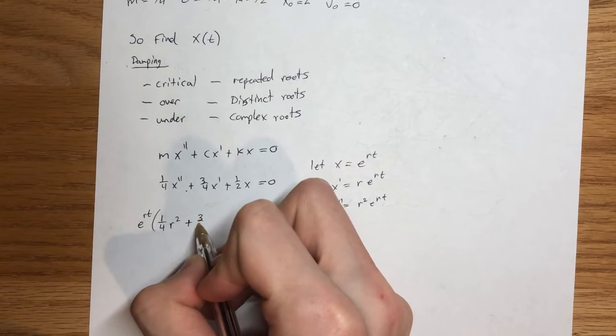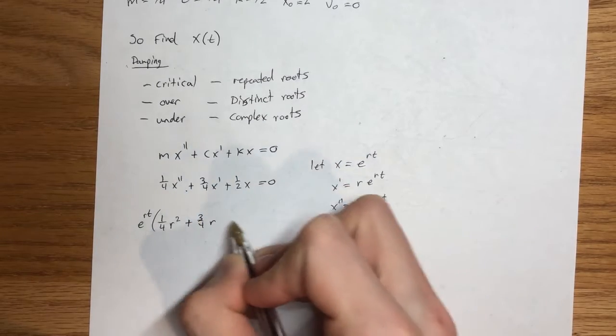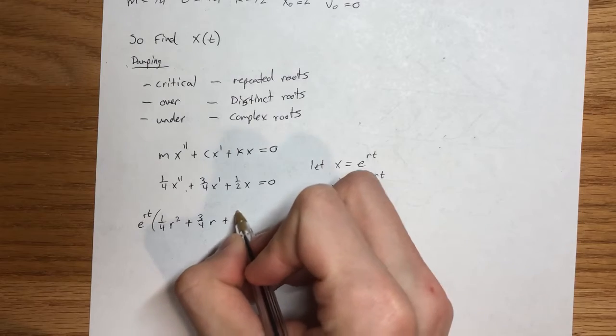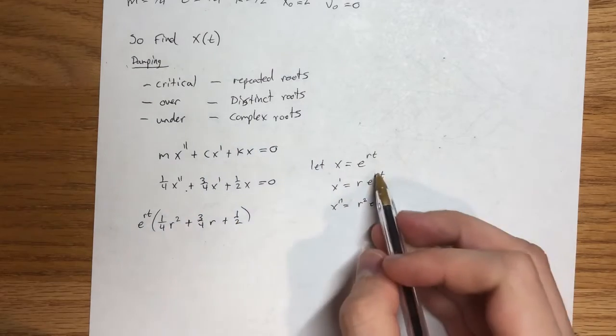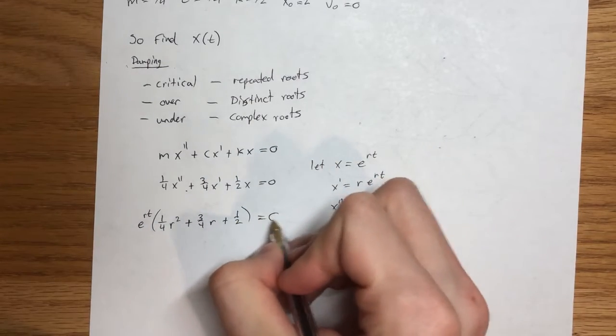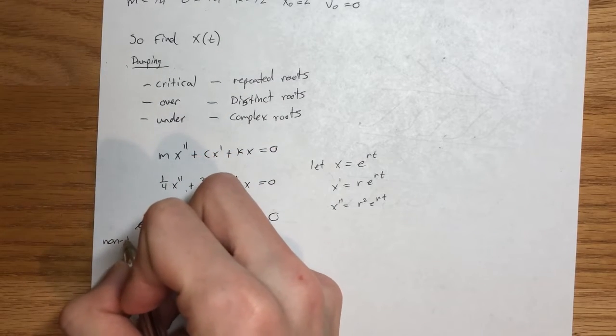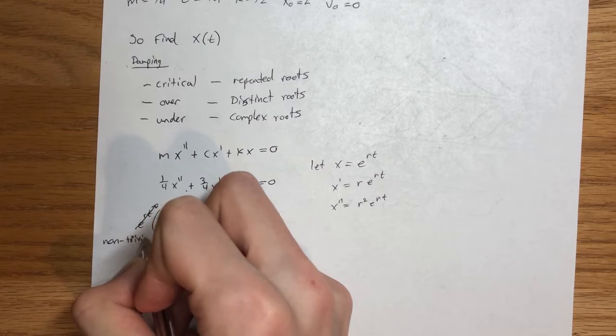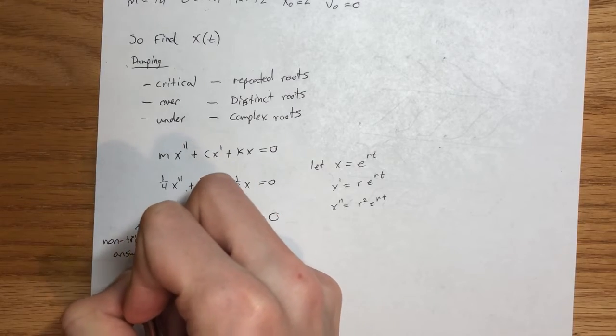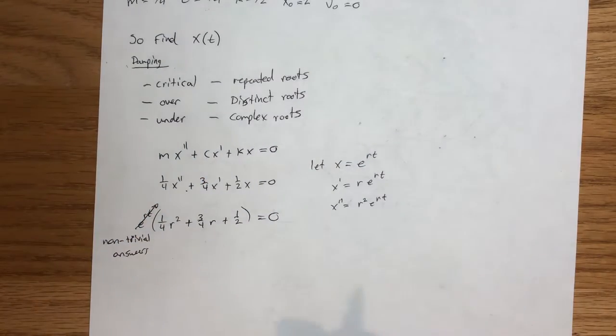Then we have a 3/4 r plus a 1/2, with the e to the rt factored out. We don't need to worry about that factor because we're looking for non-trivial answers, so you can ignore it, it's gone.